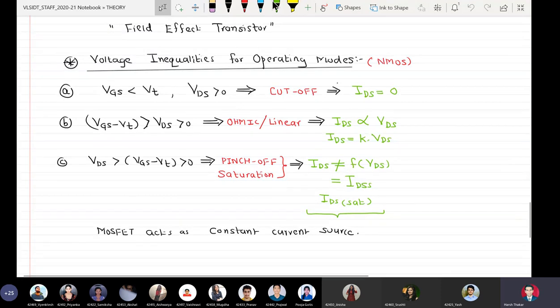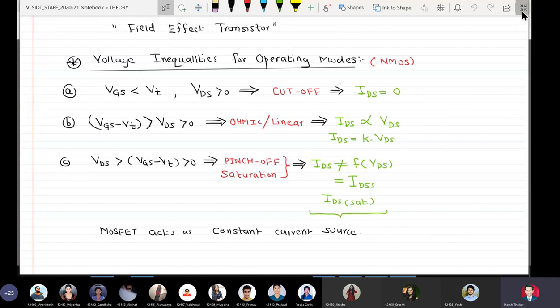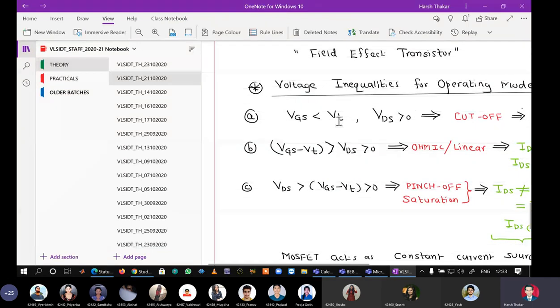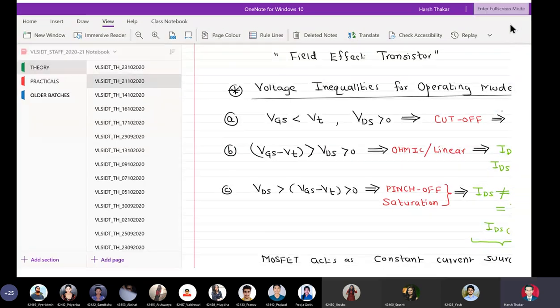Got the point? So that is our agenda today. But we are going to develop or discuss certain general steps for actually drawing these circuits.